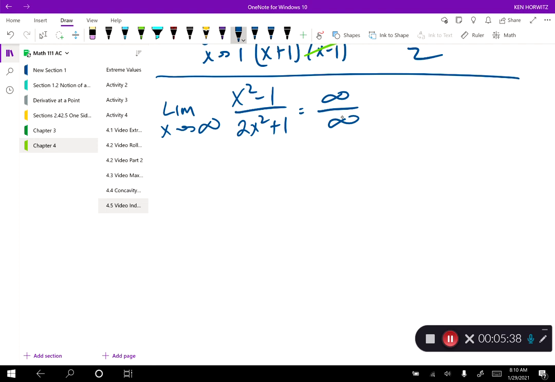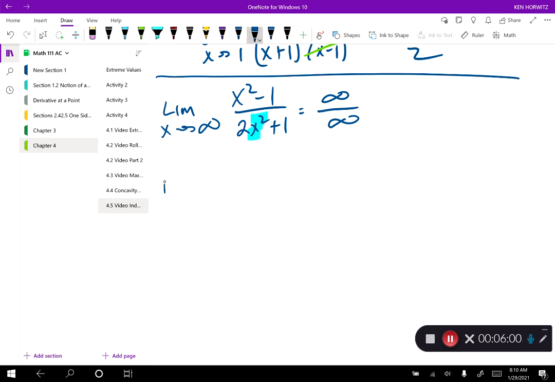All right? So the first thing we're going to do is look at the bottom variable and exponent, and it's x squared. And what I'm going to do is divide everything by x squared, because it's the highest power in our denominator.